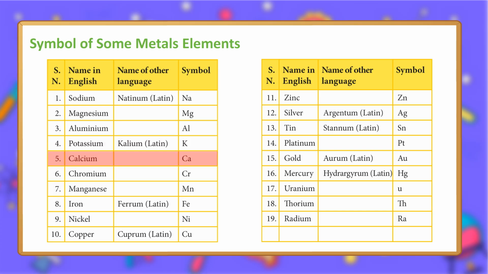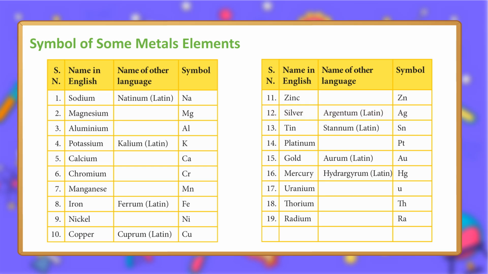5. Calcium, Ca. 6. Chromium, Cr. 7. Manganese, Mn. 8. Iron, Ferrum, Latin, Fe. 9. Nickel, Ni. 10. Copper, Cuprum, Latin, Cu. 11. Zinc, Zn. 12.